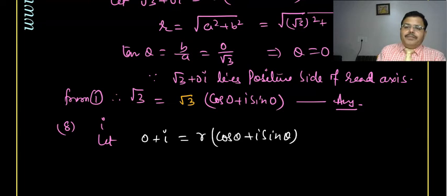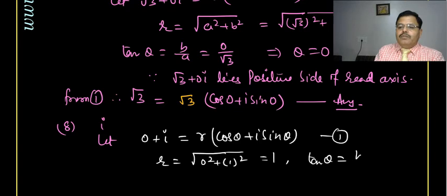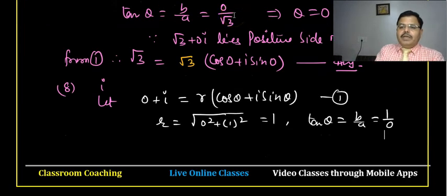In this way, this is equation 1, where r is equal to under root 0 square plus 1 square, that is 1, and tan theta is equal to b by a, that is 1 upon 0, and 1 upon 0 is infinity. But iota lies on the positive side of the imaginary axis, so theta must be 90 degree. 90 degree is nothing else but pi by 2.